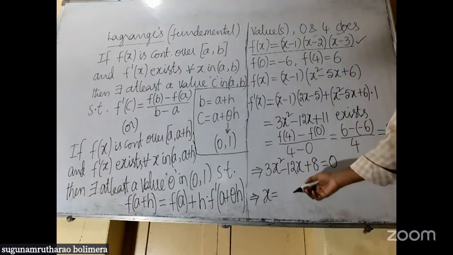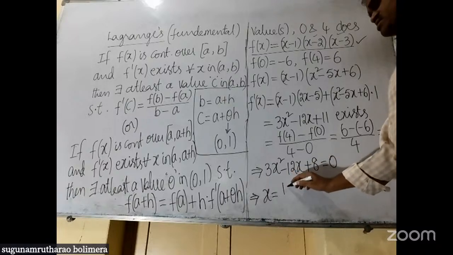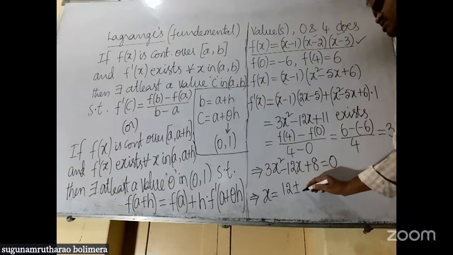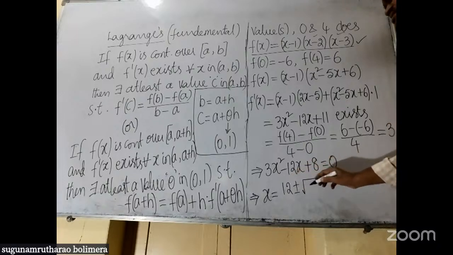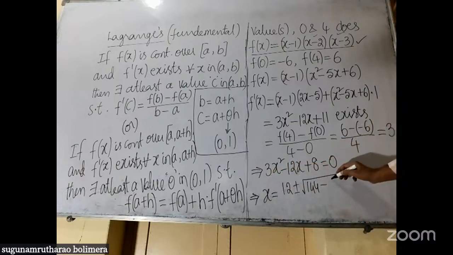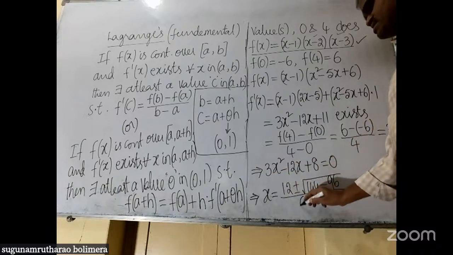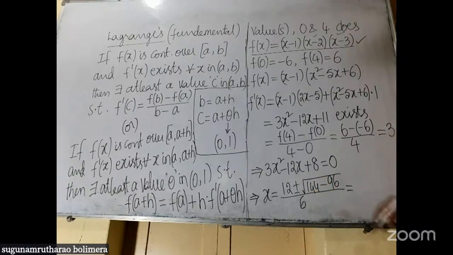I'm using the roots of the quadratic equation: minus b, that is 10, plus or minus root of b squared, 100 minus 4ac, 4 into 3 into 8, 96, by 2 into 3, 6. This is equal to 10 plus or minus root 4 by 6, 2 plus or minus root 48 by 6.